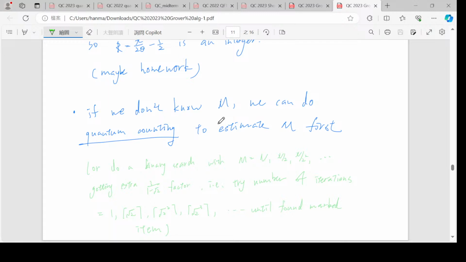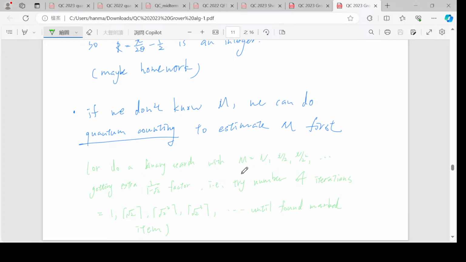Let's talk about another way to do this if you don't know m. If you don't know m, then you can actually just do a binary search on m. The idea is that you start by assuming m is very big and get smaller and smaller in an exponential series.